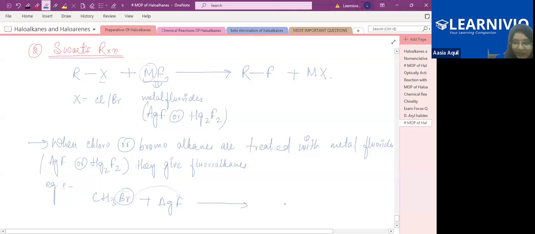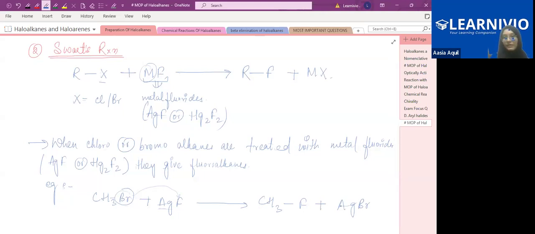So you will get CH3F, fluoromethane, plus a byproduct, silver bromide, AgBr. Is it clear? Both the Swartz reaction as well as the Finkelstein reaction. Okay, please write it down.